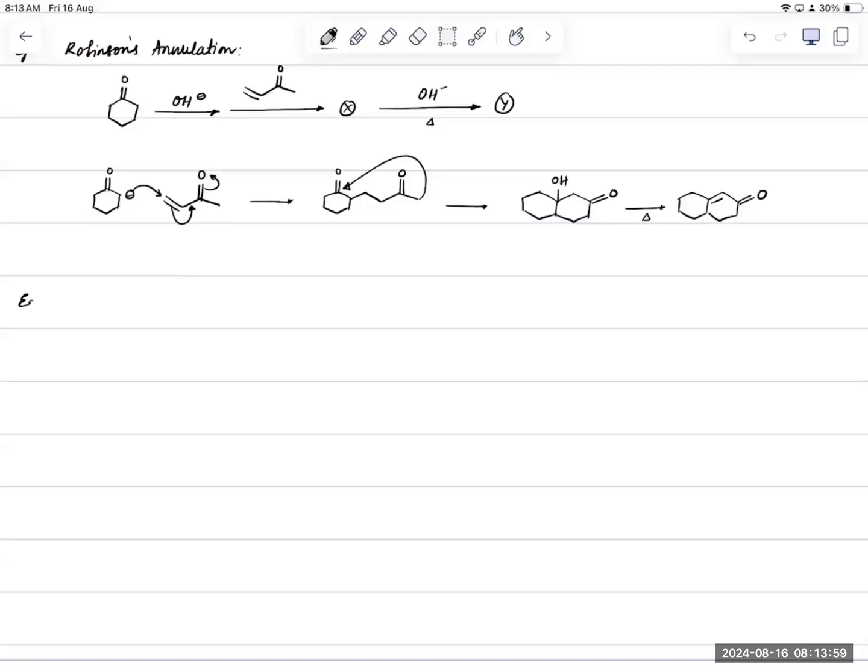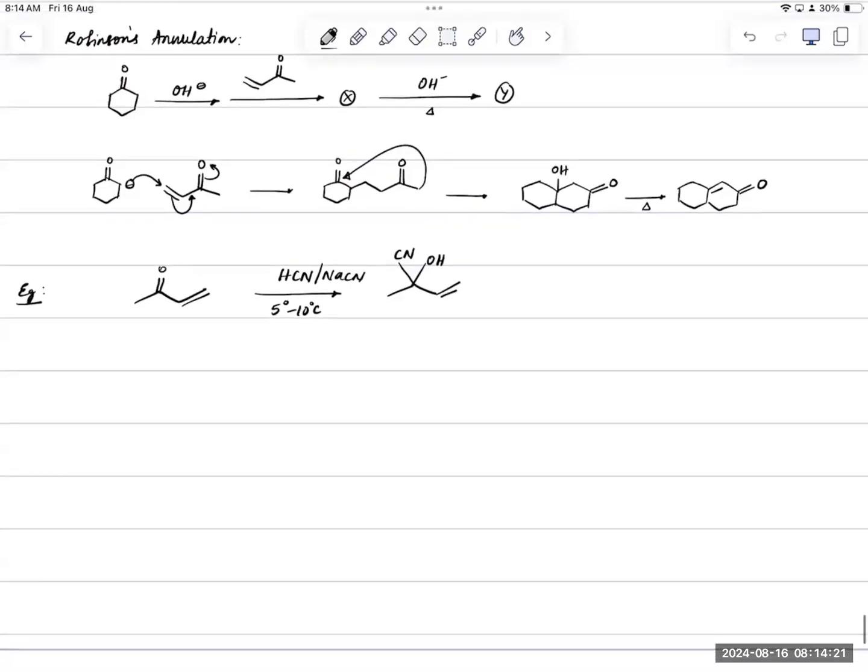Then the next example is about HCN addition. So if it is given like this, as long as HCN is given at 5 to 10 degrees, in the presence of NaCN or KCN, then you'll only do 1,2 addition. As far as cyanide addition is concerned, you'll only do 1,2 addition.